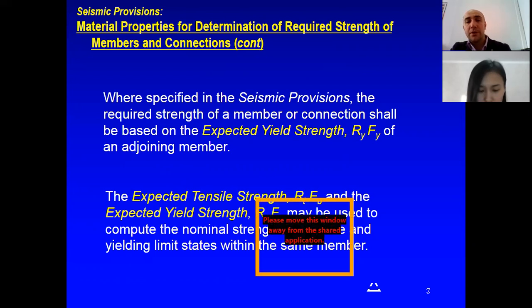Because all these parameters of the steel play a significant role in the design of steel structures and steel constructions.